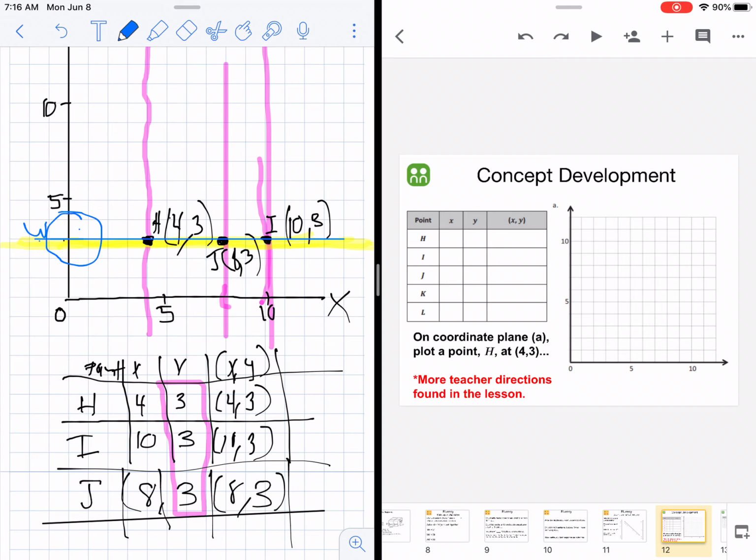Remember, when intersecting lines form right angles, we call that perpendicular. So line W is perpendicular to the y-axis. It is parallel to the x-axis, okay?